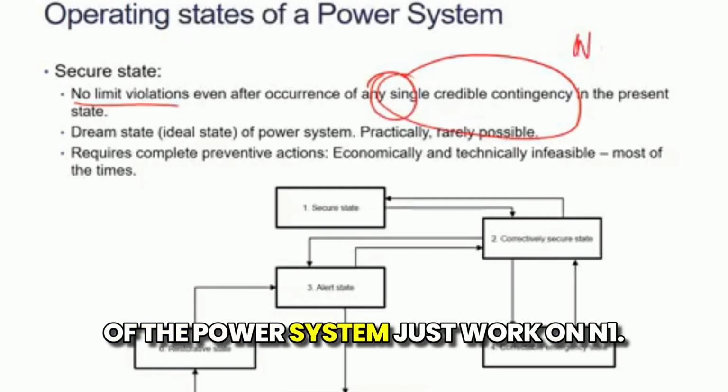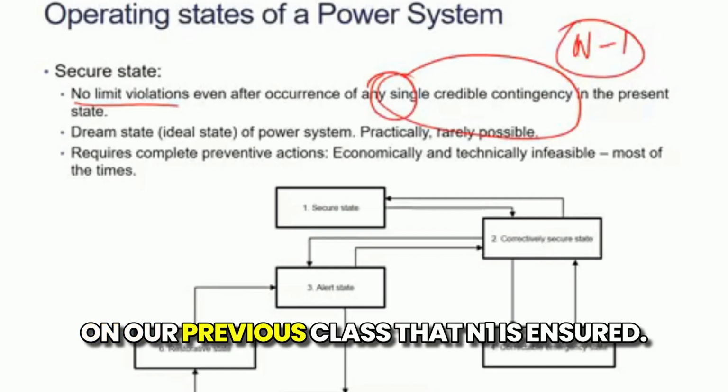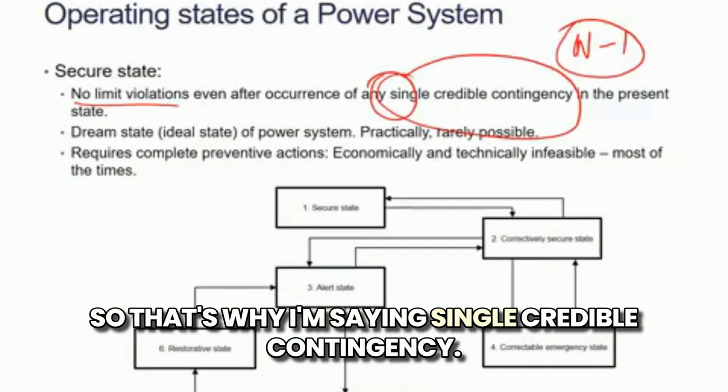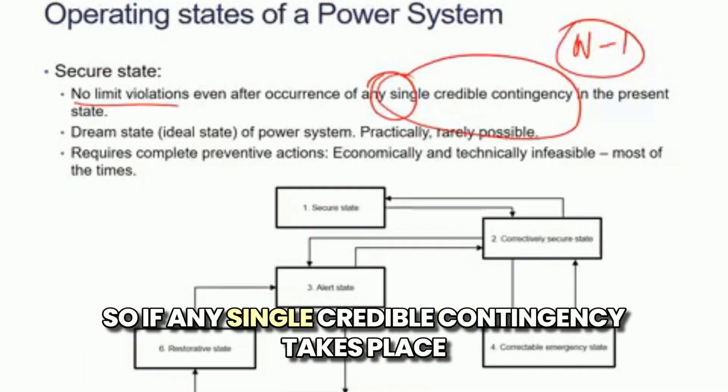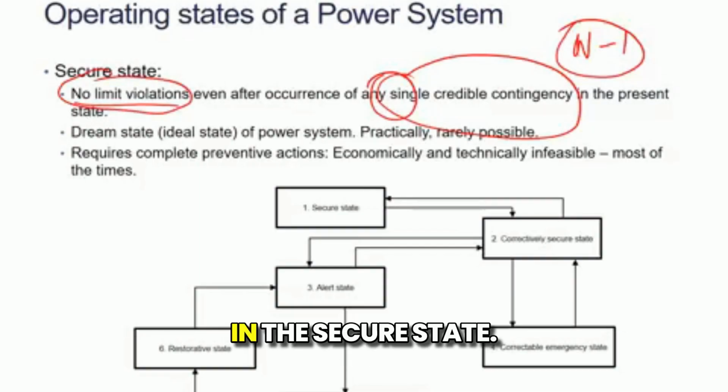Because most power systems work on n-1, as I mentioned in our previous class, that n-1 is ensured. So if any single credible contingency takes place, even then there is no limit violation in the secure state.